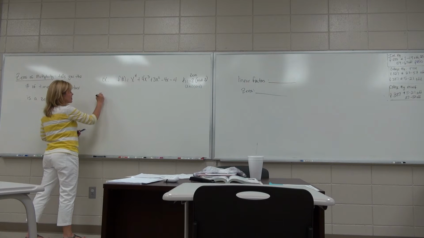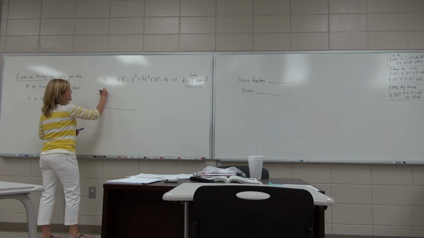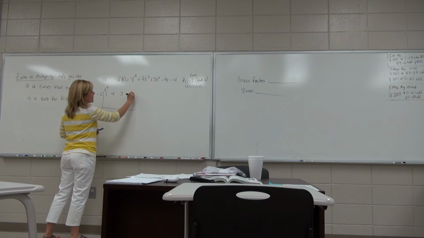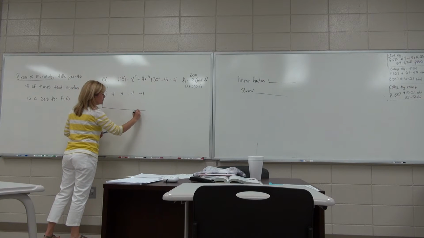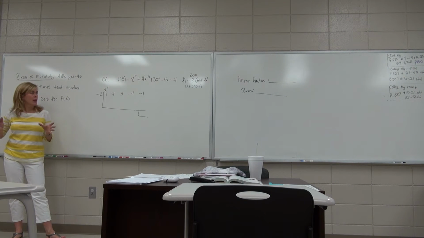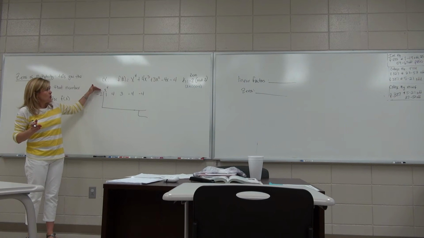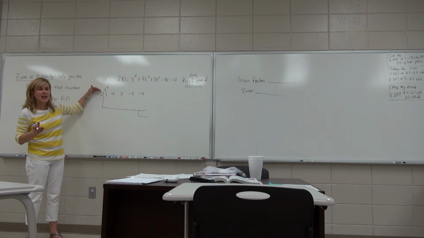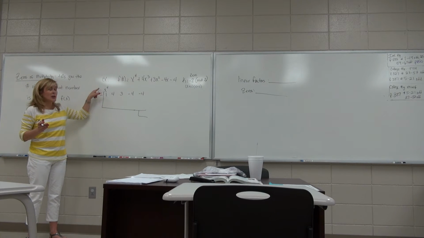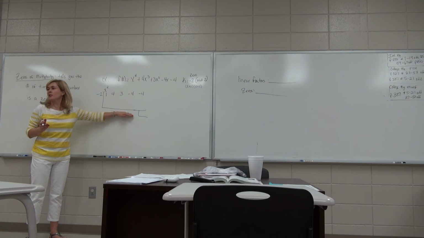Alright, let's start working this. So I'm going to do -2. This is an x to the 4th. That's going to be 1, 4, 3, -4, and -4. Before you jump to start doing, I want us to talk about something. We'll use a little common sense. When I divide by -2, what's this row going to be? Remember it goes down in power? So this will be an x cubed row.